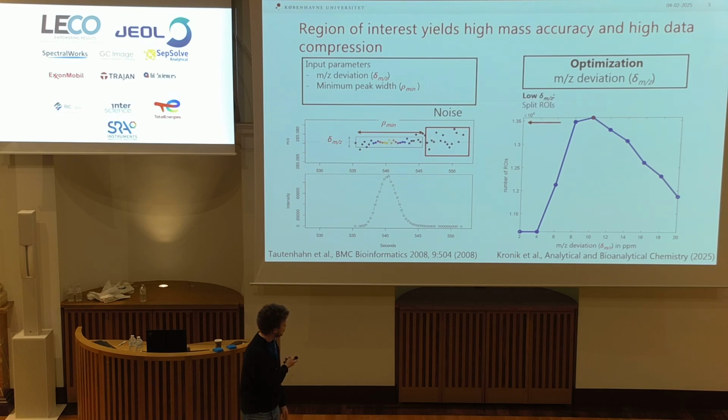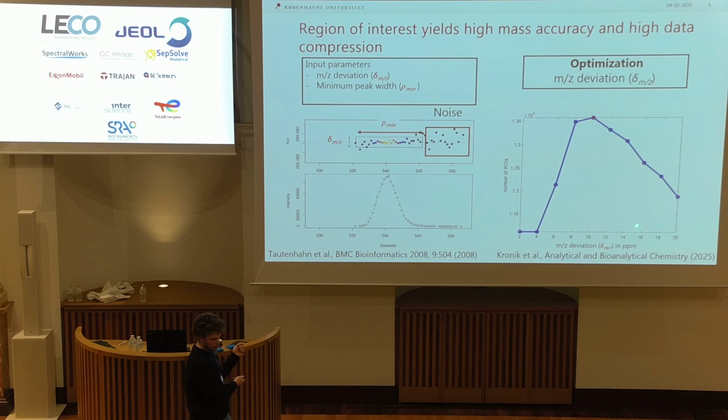So here, what you see on the axis is the MSET deviation as the input parameter. So how wide is this window? And here you see the number of detected ROIs or EICs. And you can see the graph goes up, up, up, and then there is a maximum.